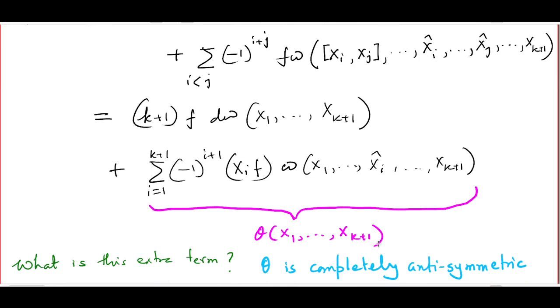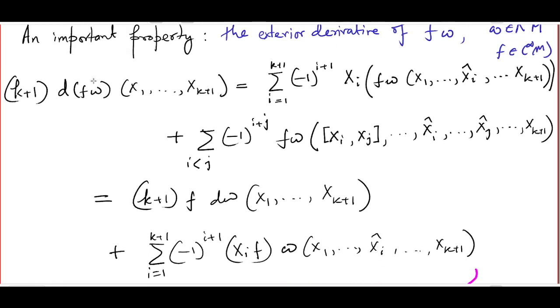Now, one important thing to note is we have already established that the exterior derivative of a k form is completely antisymmetric, being a k plus 1 form. So here, on the left, d of f omega is completely antisymmetric in these arguments. In the first term, you have f times d omega acting on these arguments, which again is completely antisymmetric in all of these arguments.